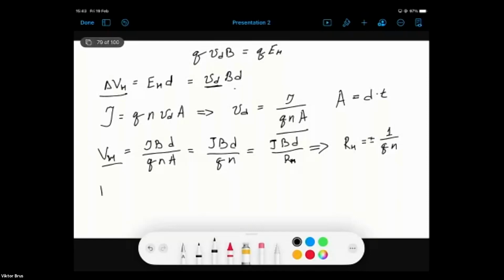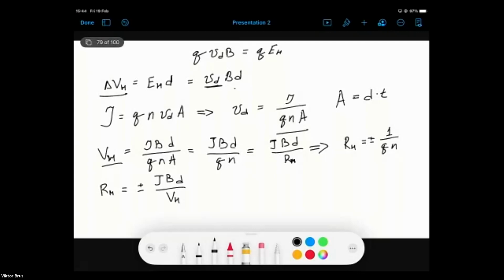And that's why we can write that the Hall coefficient is equal to plus minus J times B times D divided by Hall voltage. So here I want to focus your attention.